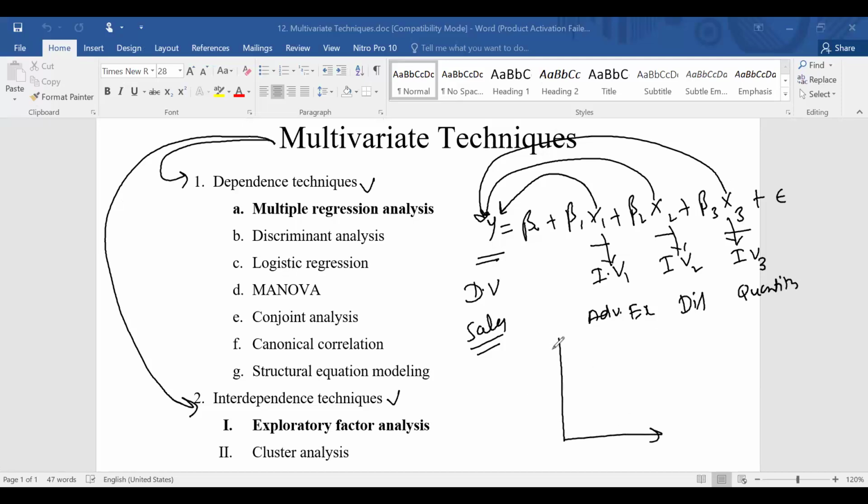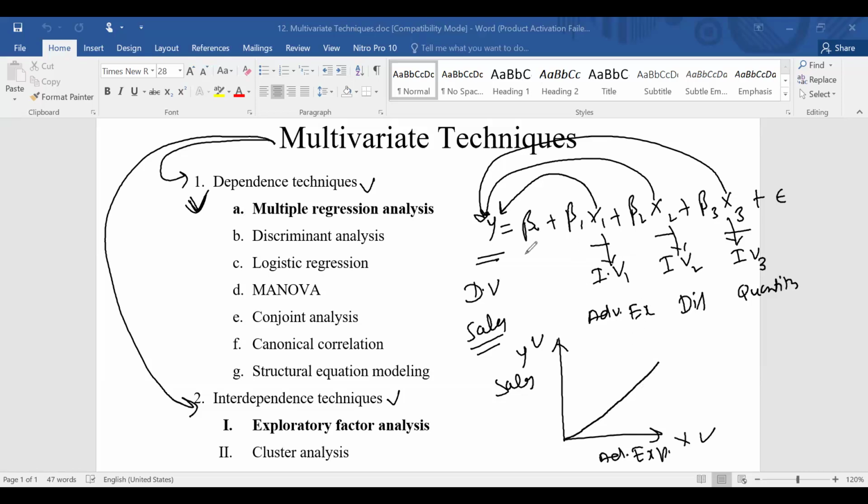So we know that for the dependent variable y, sales, and independent variable advertising expenses, as we increase the advertising expenses, sales also increase. So there is a positive correlation between the two variables, dependent and independent variables. That is why this technique is known as dependence technique.